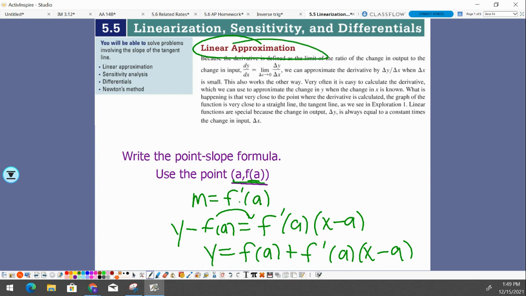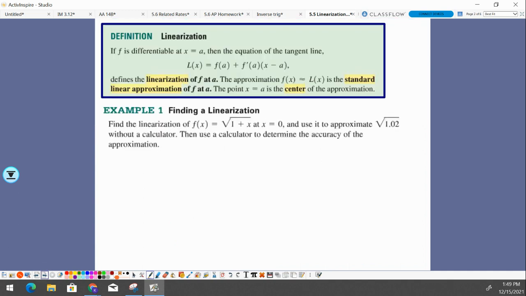So linear approximation is kind of, if you zoom in close enough to any graph, it'll eventually form a line. This is just the equation of that line, which leads to this formula. So instead of Y, they just write L of X for linearization. But this is the same formula we just derived.